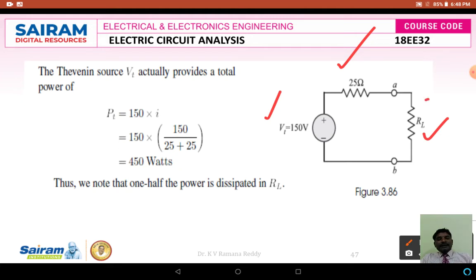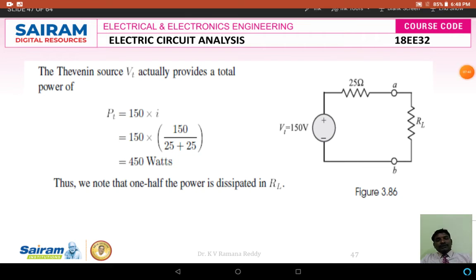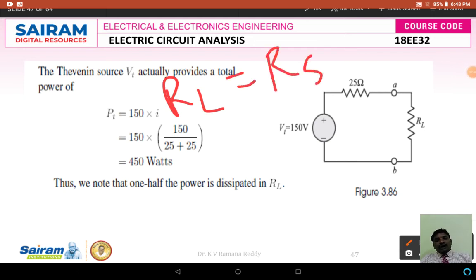Now I know that the load resistance value is also equal to 25 ohms. How can we conclude that the value of the load resistance RL is equal to 25 ohms? Because according to the statement of the maximum power transfer theorem, the maximum power is delivered only when the load resistance value is equal to the source resistance value RS or RTH.